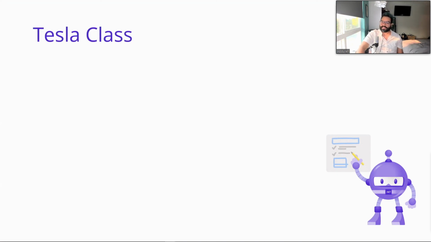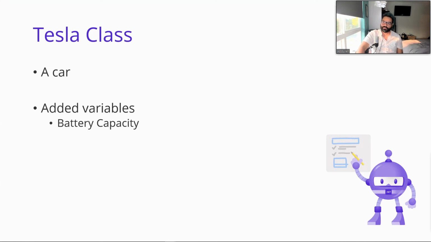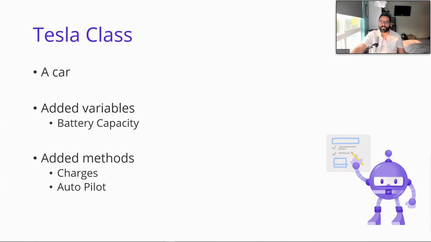What if we wanted to do a Tesla class? A Tesla is a car, so I don't need to define all the things that I defined earlier there. I can just inherit from car. But I do need variables like battery capacity that is not available in a car. Or I can create different methods like charging, for example, give it a certain voltage, and that will charge the battery.